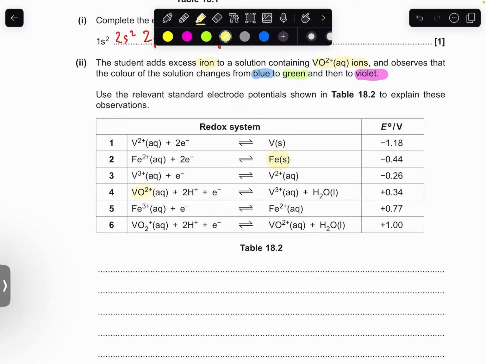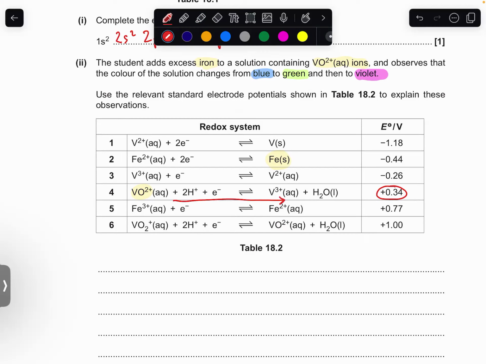Redox system 4 has the more positive electrode potential, so that's going to gain electrons and go in this direction.